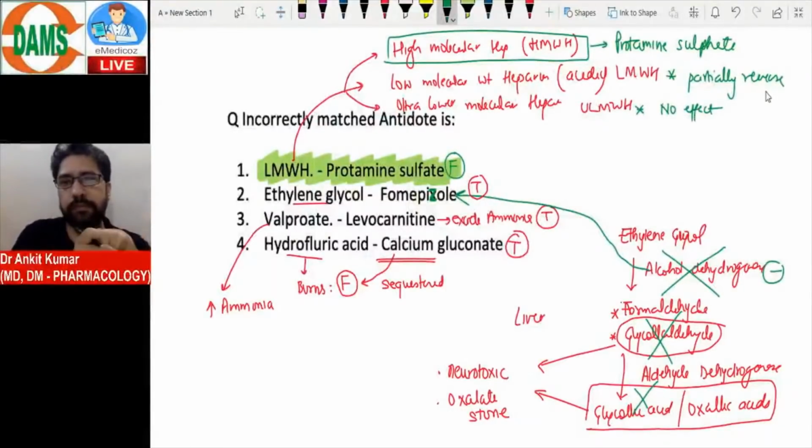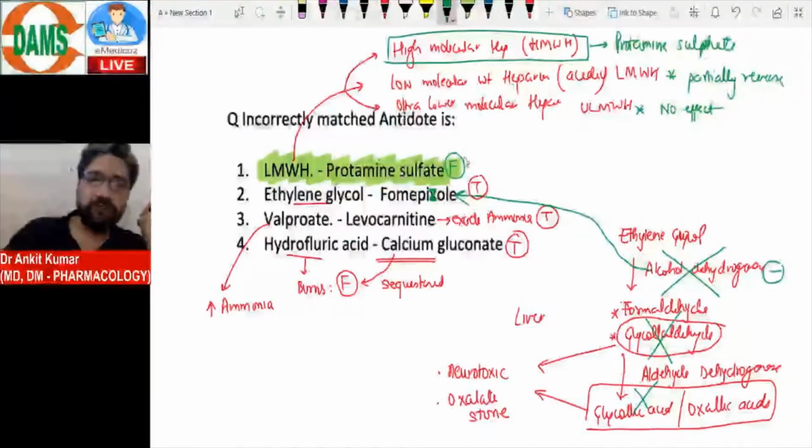So can you tell me for which heparin protamine sulfate is an antidote? It is an antidote only for high molecular weight heparin, not for low molecular weight heparin and ultra low. So this is a false statement.